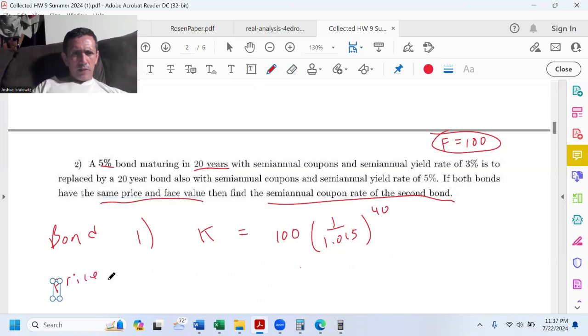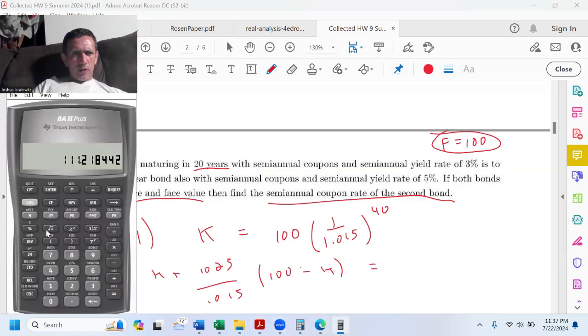The price is K plus R, 5% over 2, 2.5%, 0.025 over J, 3% over 2, 1.5%, times 100 minus K. So let's get this, save it. 100 times 1.015 to the minus 40.